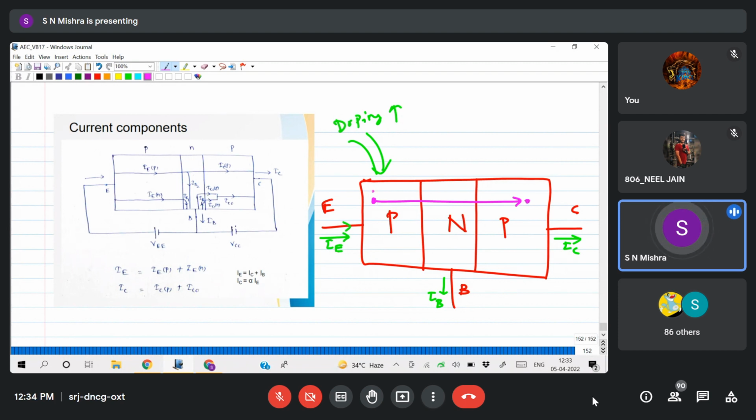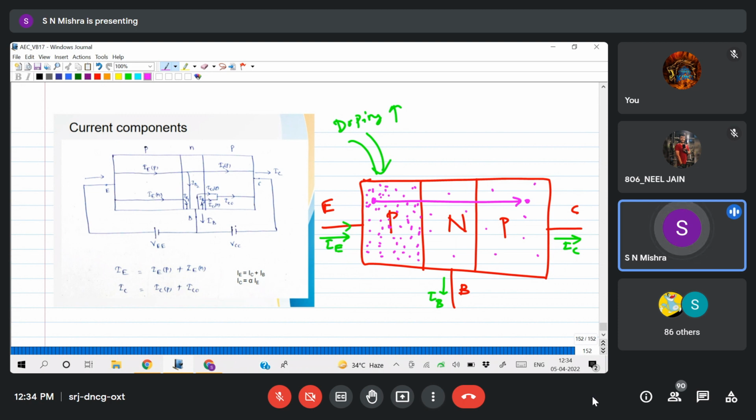If I get more carriers here, then more carriers will transfer from the emitter. So this is heavily doped, that's why I am making more dots. Here fewer dots, here also fewer dots. Why? Because from the emitter I want to transfer the carriers to the collector.